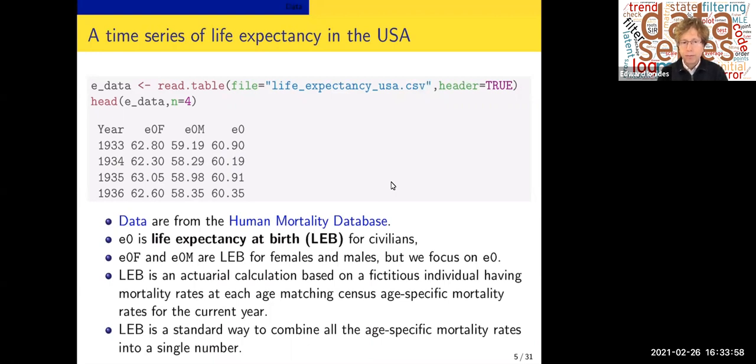So you imagine somebody who goes through all their aging today at the current mortality rates. So rather than trying to estimate how long somebody born today would live, what it does is it combines all age-specific mortality rates into one interpretable number. So it's a very standard single number to represent welfare of a population.